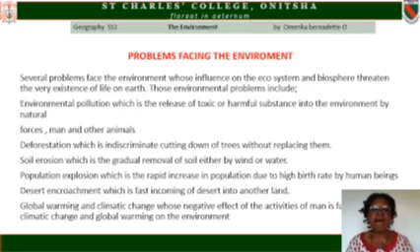Then we have global warming and climatic change, the negative effects of the activities of man, which is fast coming. Climatic change and global warming on the environment is the recent problem we have, still as a result of our inability to conserve our environment very well.